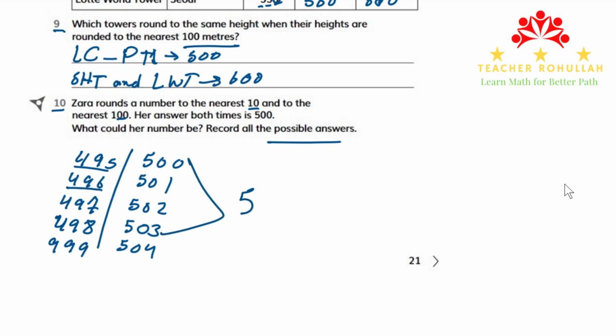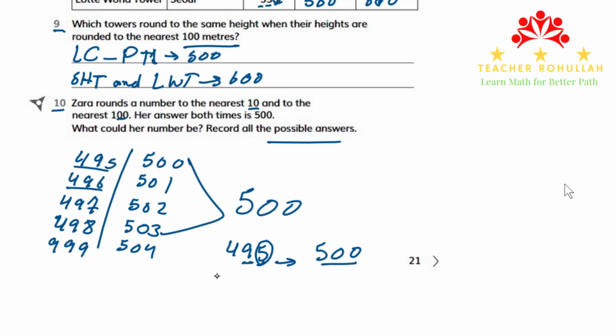Suppose if we round 495 to the nearest 10, 9 is in the tens place and 5 is in the ones place. 5 is 5 or more, so this number rounds to 500 because 9 increased by 1 gives us 10, and 1 of 10 will be added to 4, so we get 500.